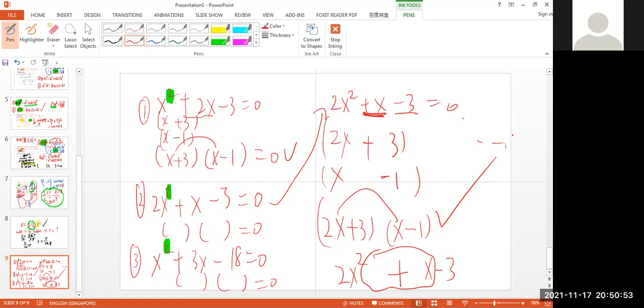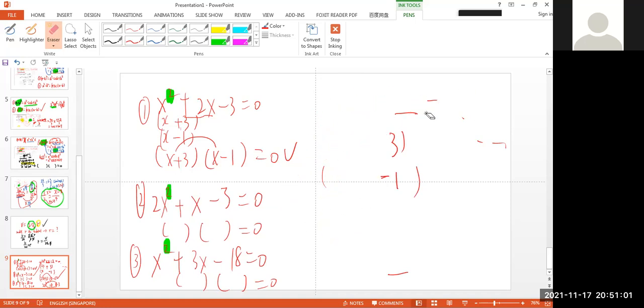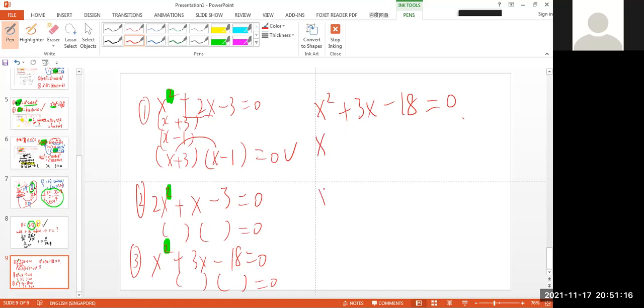Okay. Last one, which means the third one. So the third one is x squared plus 3x minus 18. You are supposed to have x squared, so x times x.